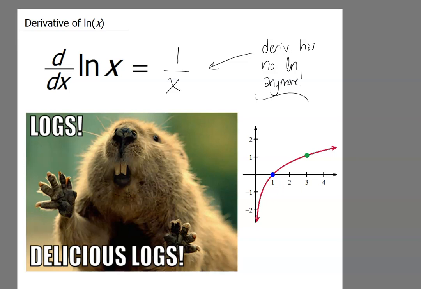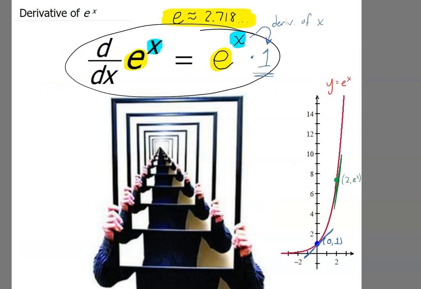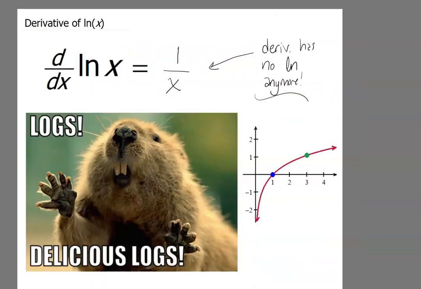For an exponential function, I'm going to scroll all the way back up, the derivative of an exponential function was still an exponential function. The derivative of a logarithmic function is something brand new, which is another thing that I've always thought was kind of cool, but we've established that I'm a dork, so what are you going to do?